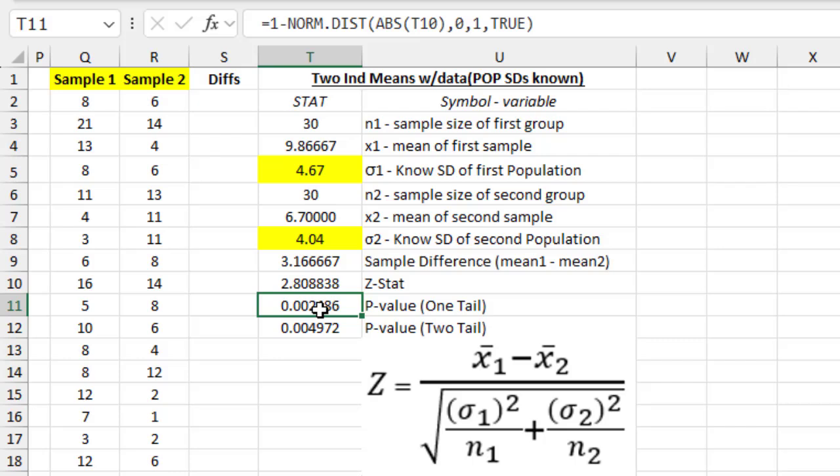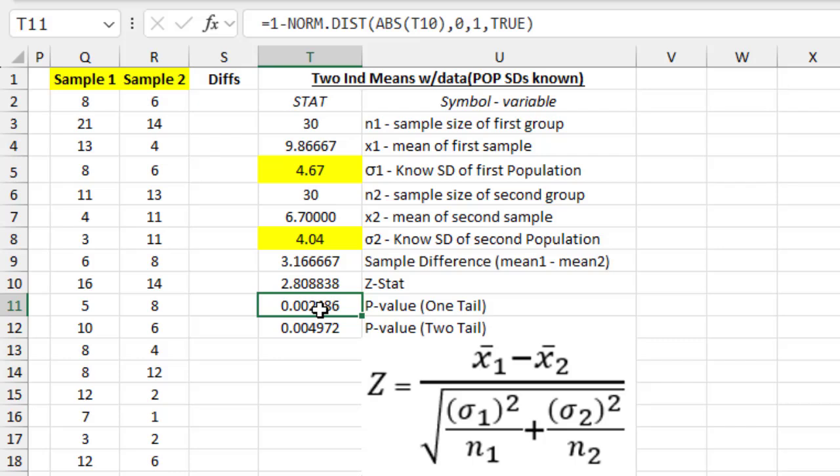We need the positive value of the test statistic, because we're using the norm.distribution function, and the norm.distribution function is always a cumulative function, so it always gives us the area to the left of something, below something.